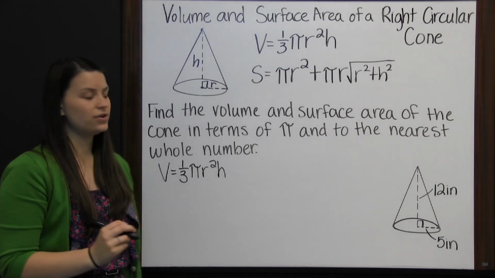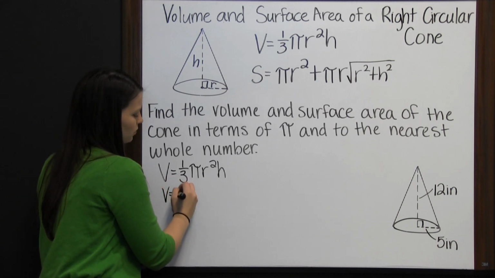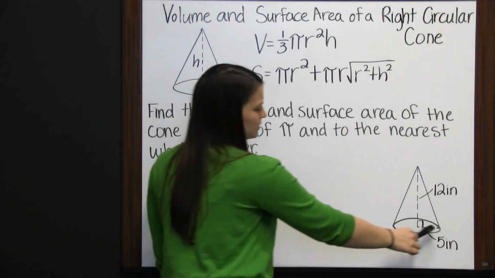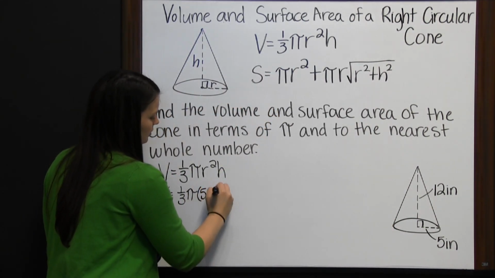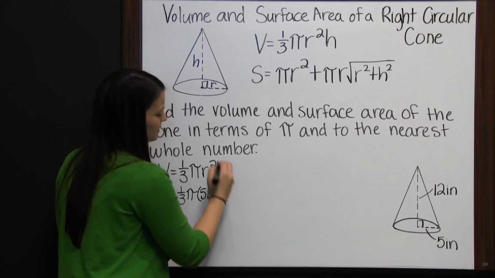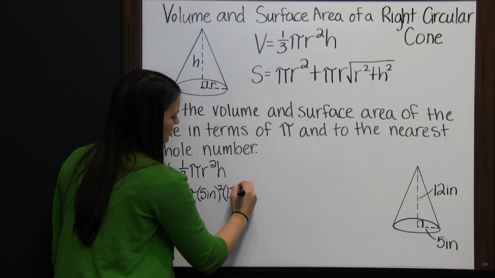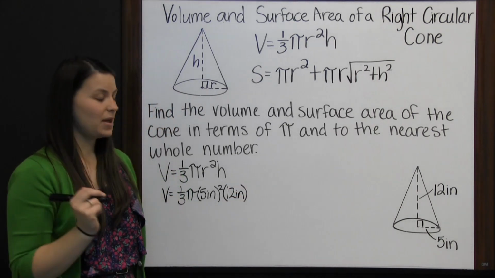Now we need to substitute our values. Volume is 1/3 times pi times the radius, 5 inches, squared, times the height of the cone, which is given as 12 inches. And now we'll simplify that according to PEMDAS.